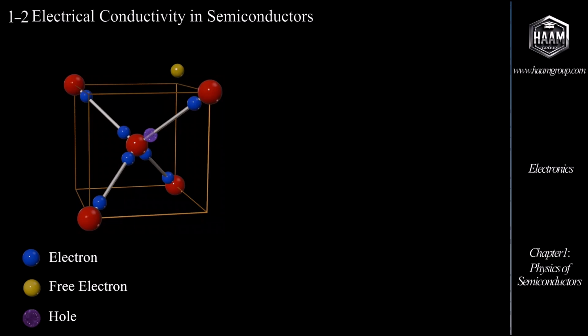A free electron: an electron that has broken free from the bond, shown here in yellow. A hole: the vacancy left behind by the freed electron, that is, a missing electron in a bond. This vacancy can be treated as an effective positive charge, since it represents the absence of an electron. It is shown here in purple.